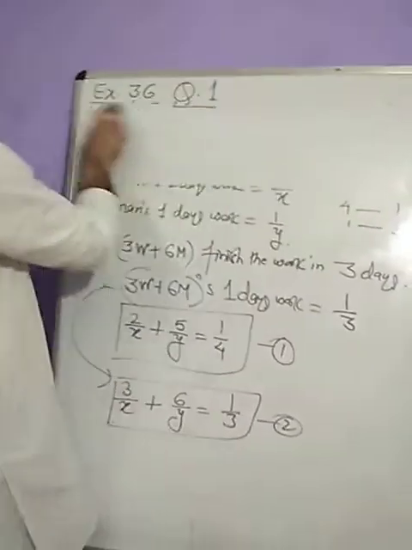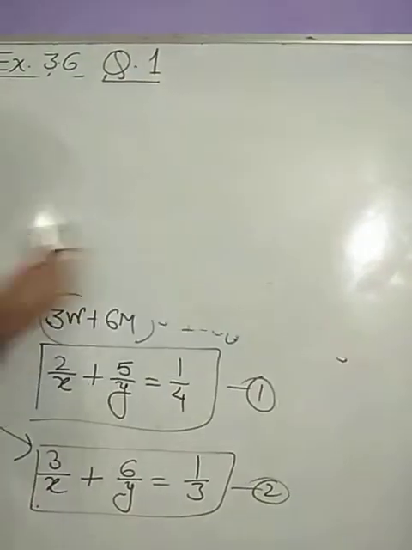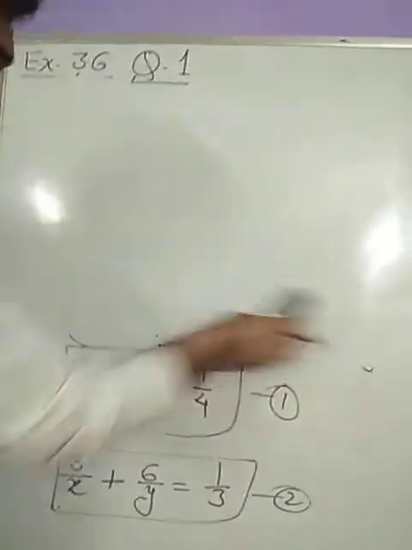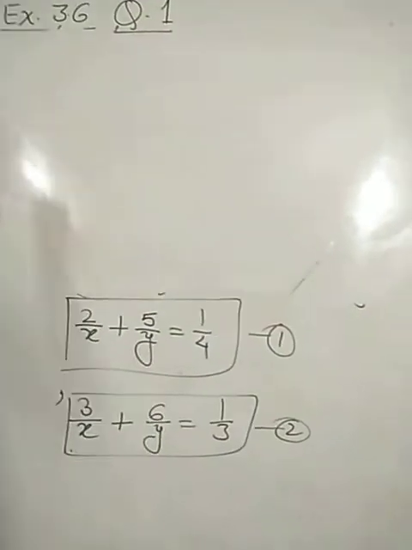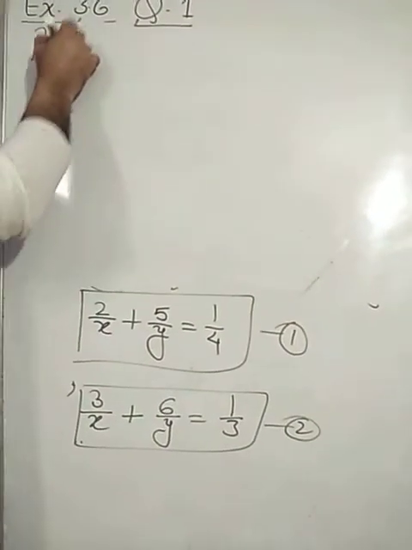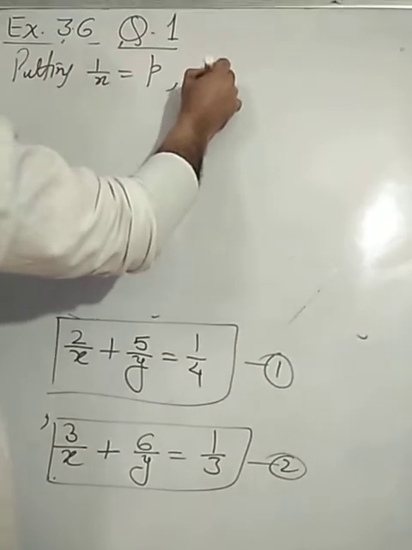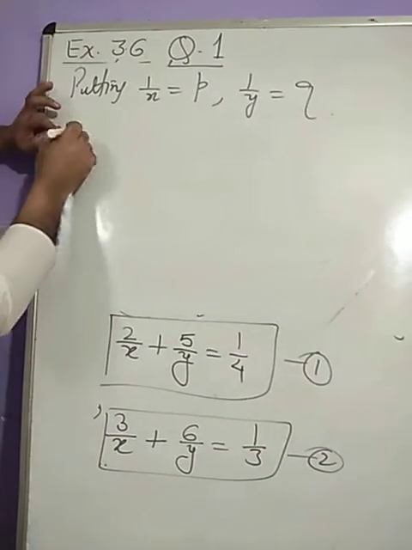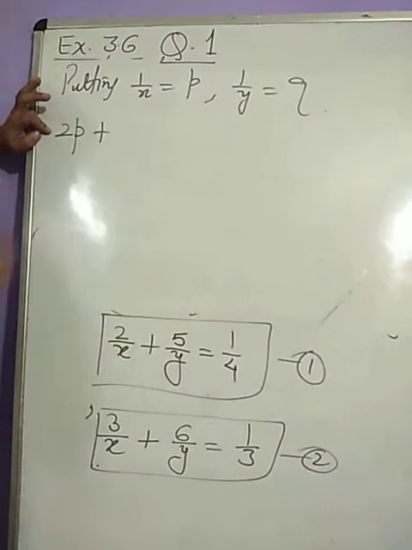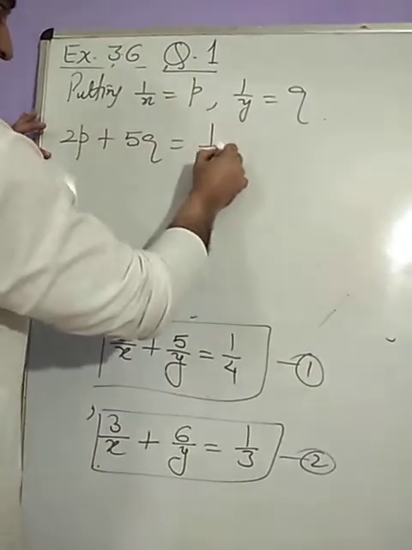Now substitutions. See, this is not a pair of linear equations in 2 variables in standard form. So we'll convert it into standard form first. You know how? Putting say 1 over X equals P and 1 over Y equals Q. What does the first equation become? 2P plus 5Q equals 1 over 4.